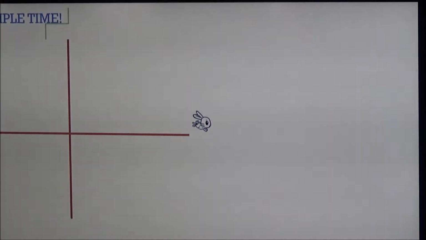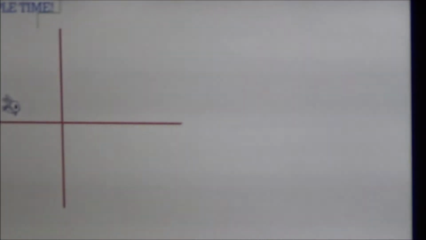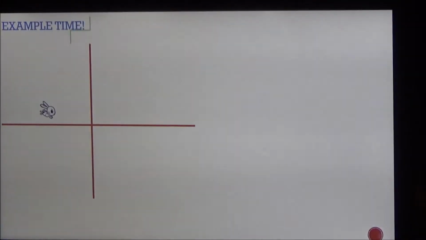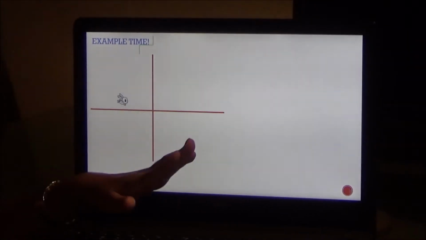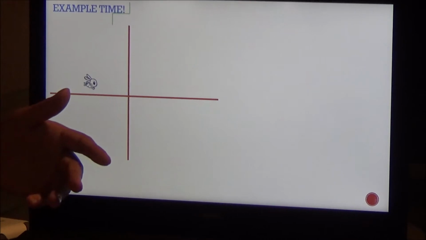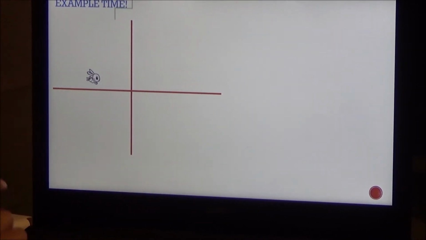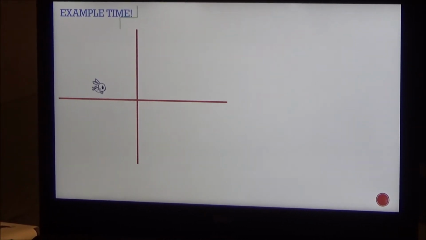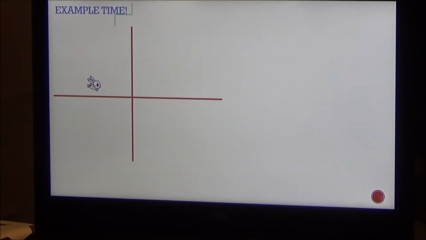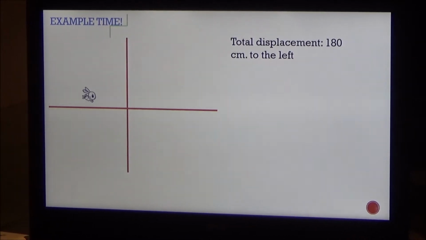And finally, 320 centimeters to the left. We subtract 320 minus 140 and obtain 180 centimeters, but the answer is not complete. First, we have to know in which direction the rabbit moved, to the right or to the left. In this case, the rabbit moved to the left, so the answer will be 180 centimeters to the left.